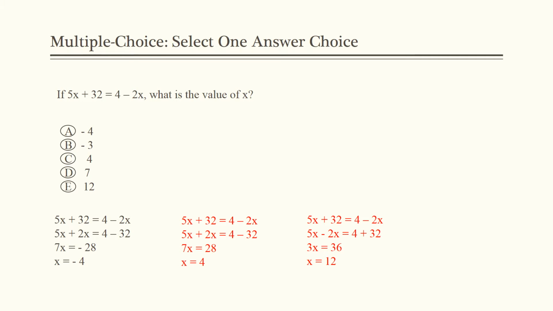Or if, instead of 5x plus 2x, you write 5x minus 2x, and instead of 4 minus 32, you write 4 plus 32, then you might end up getting x is equal to 12. And if you look at the answer choices carefully, all those choices are there. They are there to confuse you. And so be very careful when you solve an equation or do a calculation, because the answers are also tricky. In this case, the correct answer is choice A, minus 4.